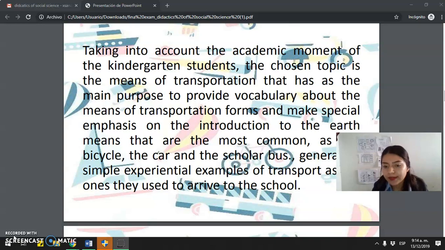The most basic means of transportation that we know, for example, the bicycle, the car, and the school bus, generating simple experiential examples of transport such as the ones they use to arrive at school.